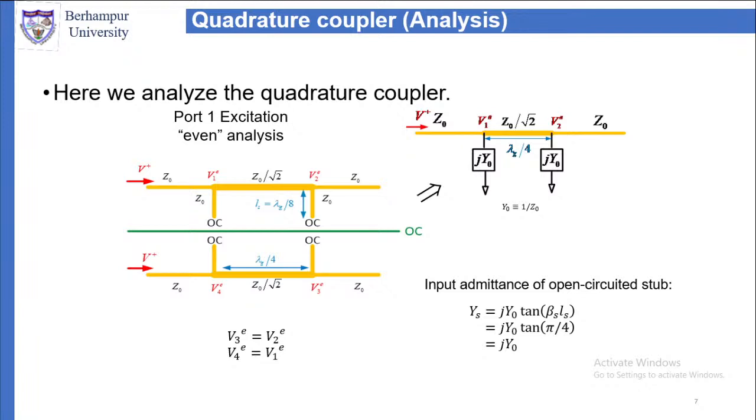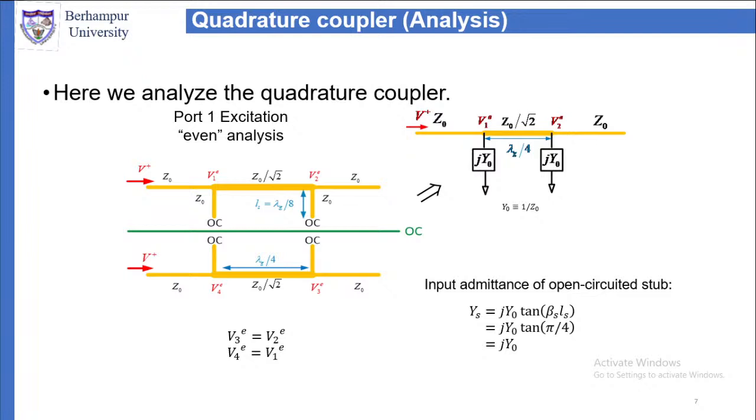The equivalent circuit of this port 1 excitation is like the one shown on the top right-hand side. We have a transmission line of characteristic impedance Z0, then a transmission line of characteristic impedance Z0 by root 2. At the junction, we are connecting an open circuited stub whose input admittance is j times Y0. At the second junction, similarly, a stub j Y0 is connected.